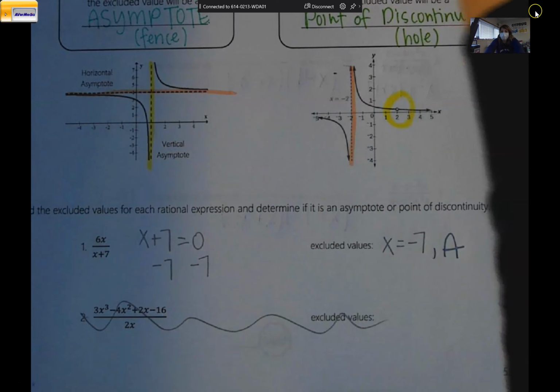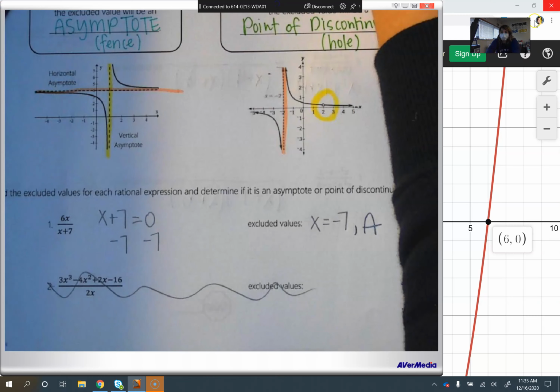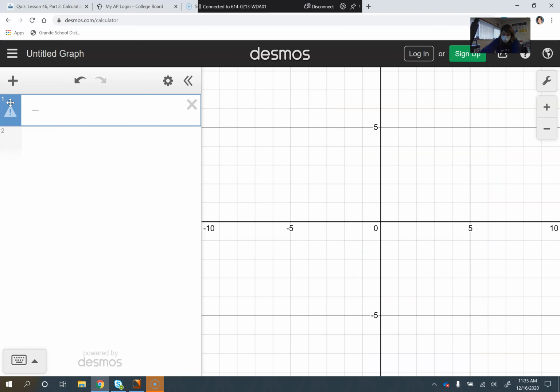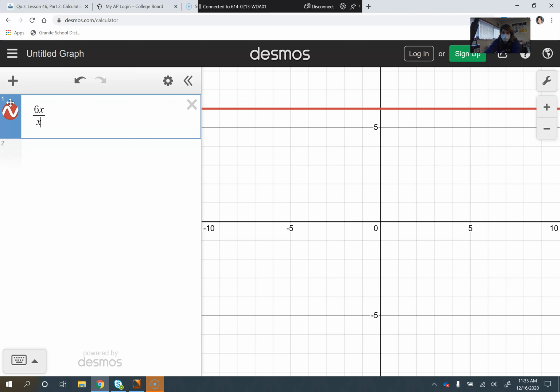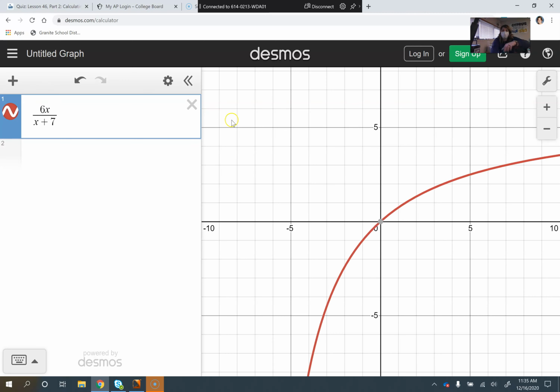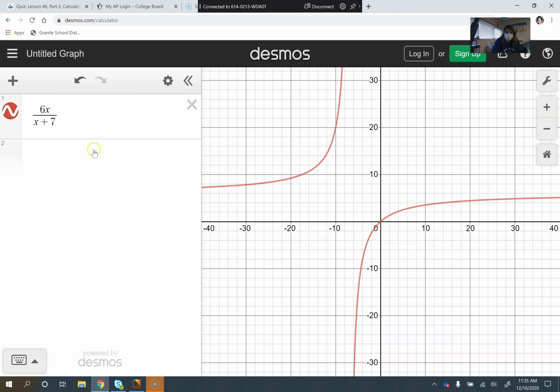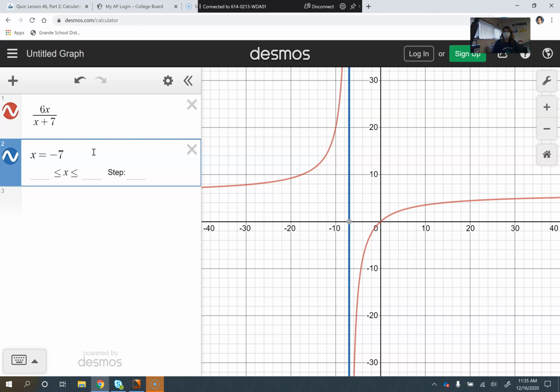So while you guys are writing that down, I'm going to go to Desmos really quick and plug in this graph. In the top is 6x, in the bottom is x plus 7. And if I zoom out, you will see that there is a fence where x is -7. Can you guys see that? Yes or no? Okay, flip the page.